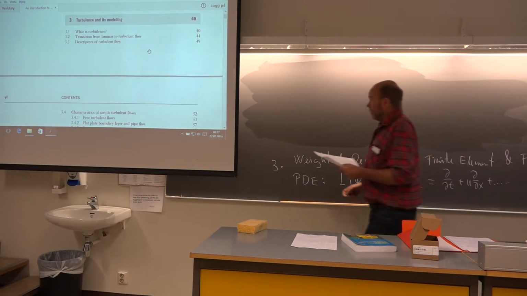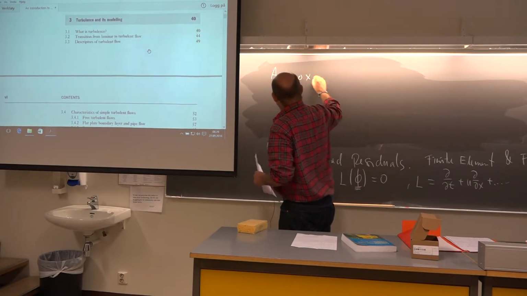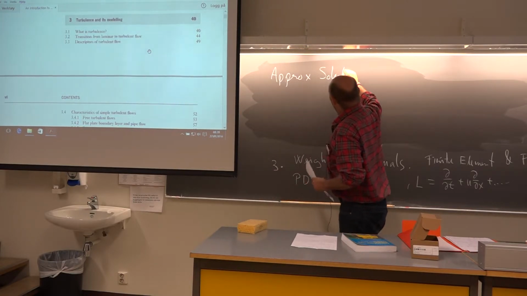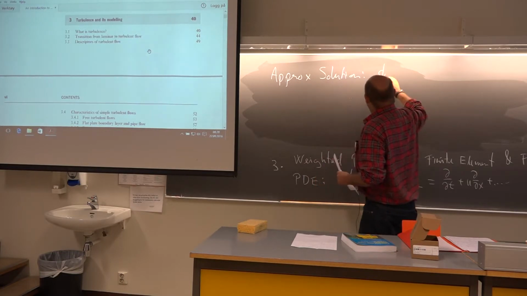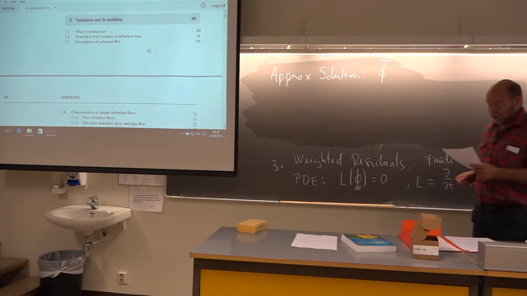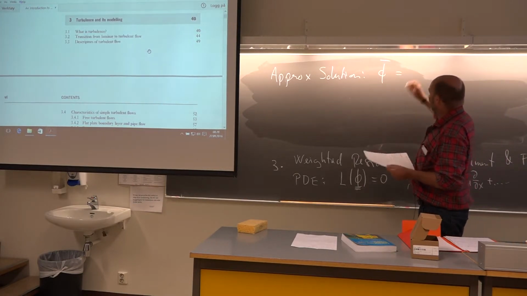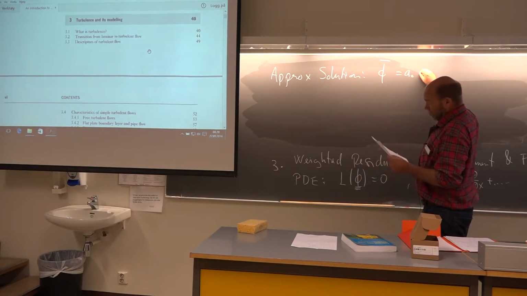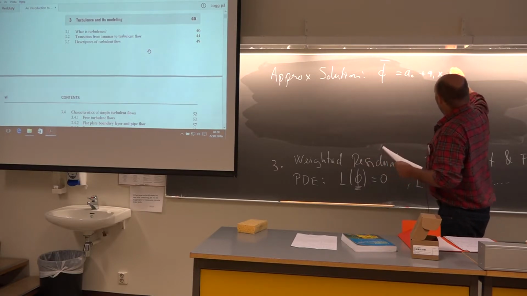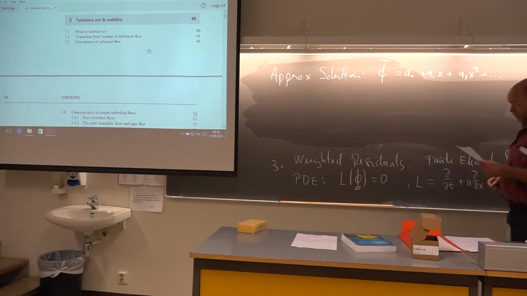This will now be the correct analytical solution. It's identical to 0. We don't have an analytical solution. We will have our approximate solution. So we have a phi bar or something. And we express it typically as a series, a0, a1 x, a2 x squared, whatever.